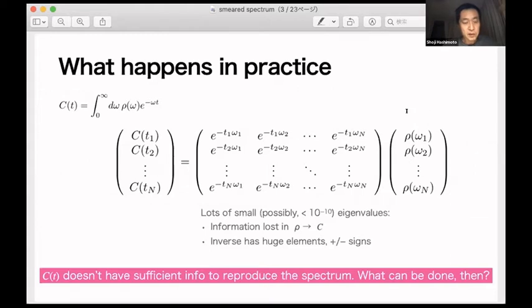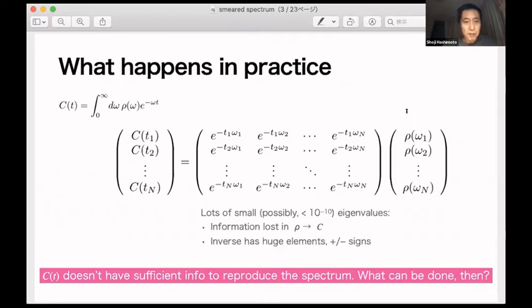So the inverse is extremely difficult because the information is no longer there when you have the correlators. That is my interpretation. So my question is what we can do in this situation.